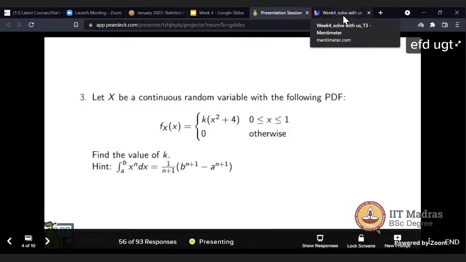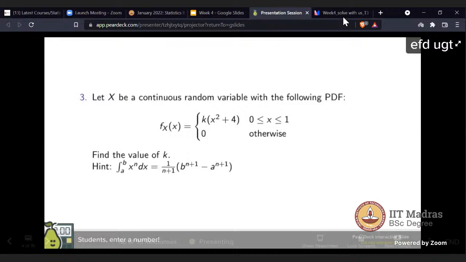What properties does the PDF satisfy? The integral of the PDF from minus infinity to plus infinity should be equal to 1. Basically it is the support, the range where it is non-zero. In that, it is equal to 1. So the integral between 0 and 1 is equal to 1, right? It is not CDF.